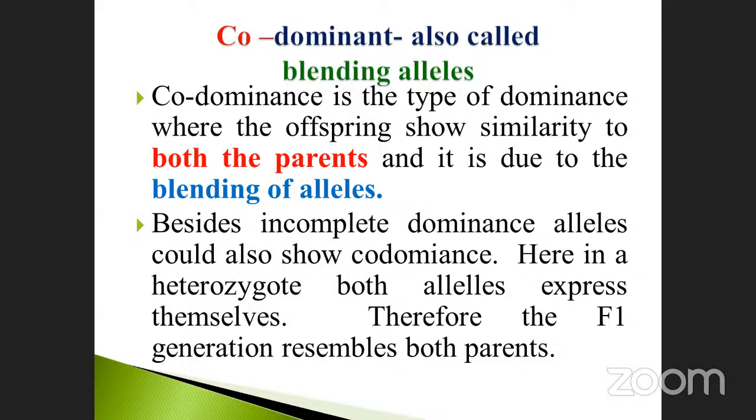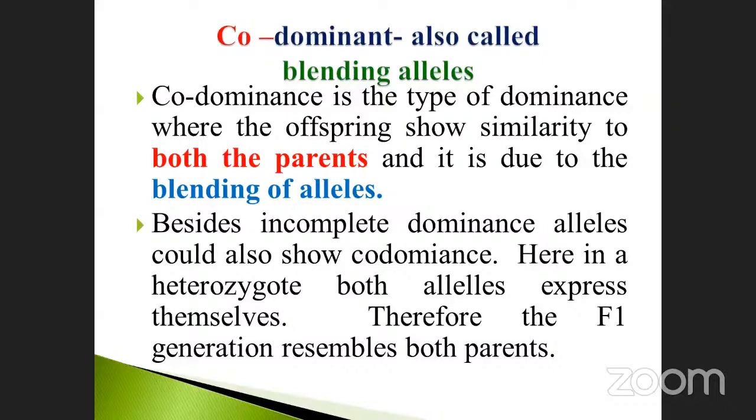This is very, very important, don't forget, my dear. Besides incomplete dominance, alleles could also show codominance in heterozygotes. What is meant by heterozygote? Both characters. Both alleles express themselves. Therefore, the F1 generation resembles both parents.